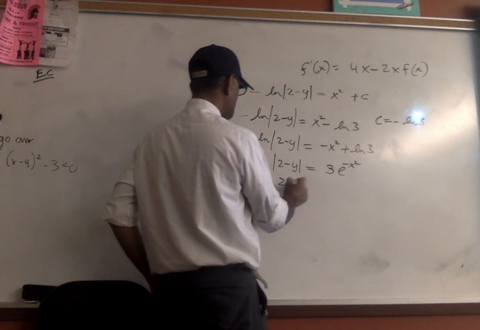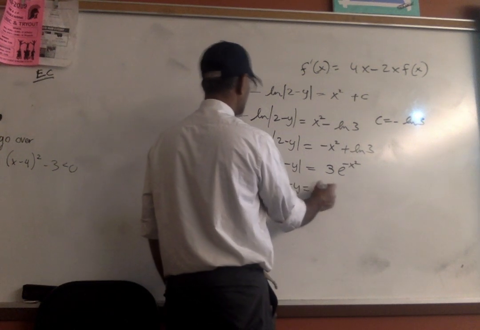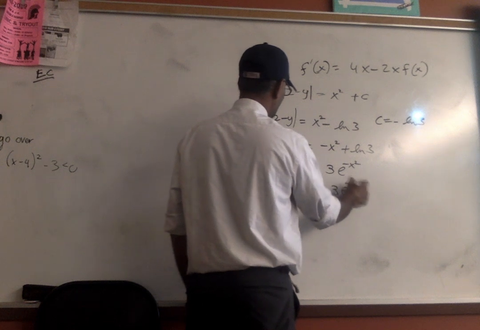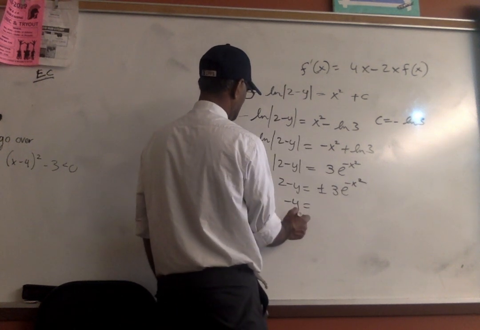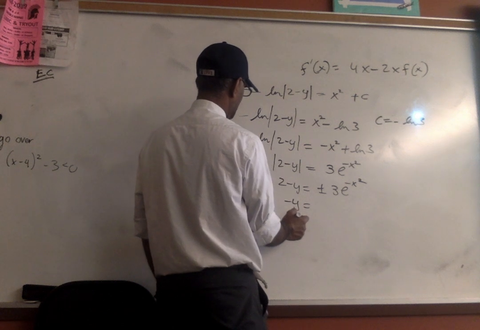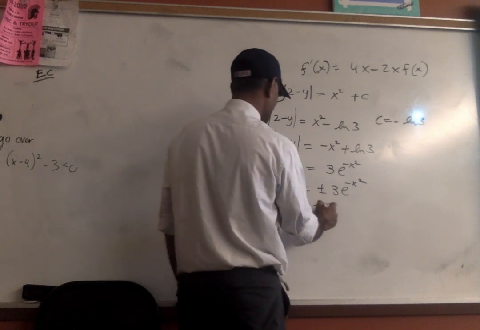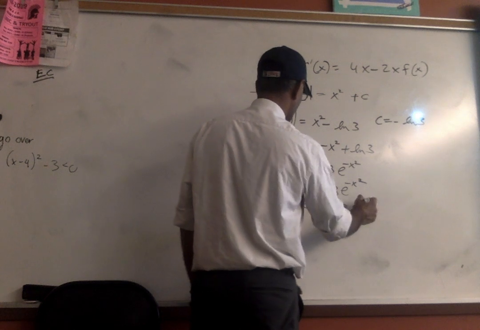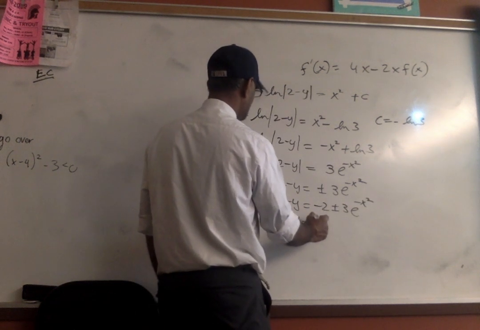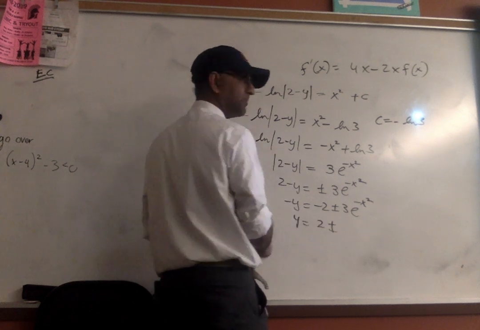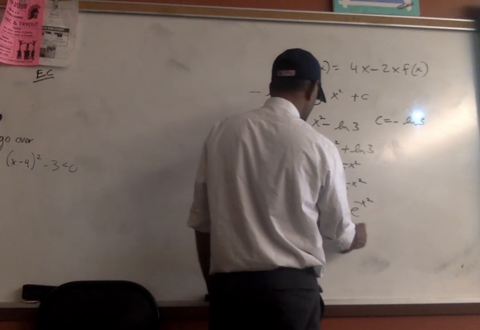Absolute value comes off. 2 minus y equals plus or minus 3 e negative x squared. Negative y equals negative 2. We have the negative 2 in front, right? Plus or minus 3 e negative x squared. Last step, y equals 2 plus or minus, we multiply by negative, 3 e to the negative x squared.